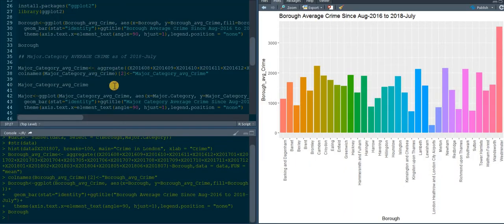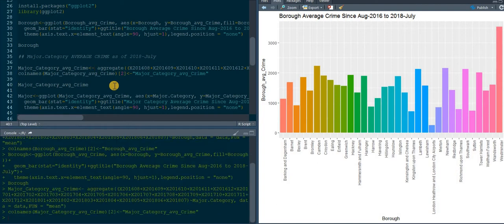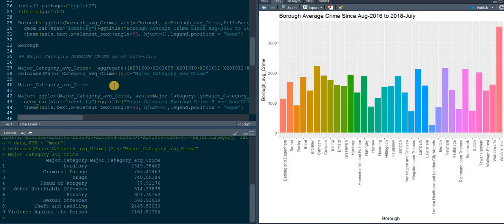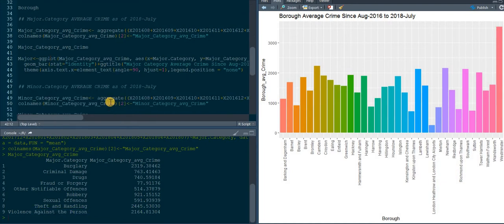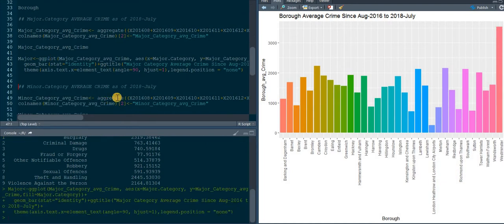So let's look at another category, which is the major crime category. If you look at what kind of crimes are committed, you can see there's burglary, criminal damage, drugs, theft and handling, and violence against person. Let's plot that onto a bar graph.